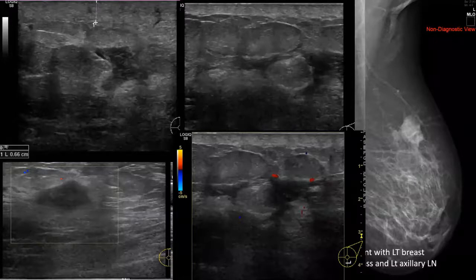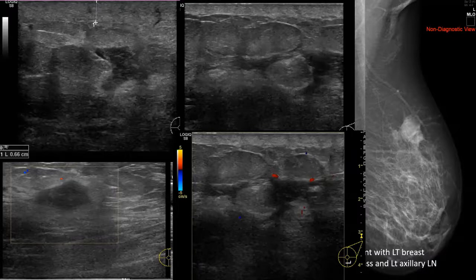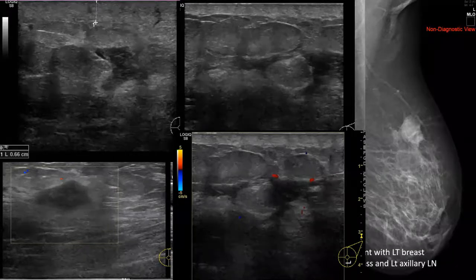It could be that she received a short course of antibiotic. Okay, the patient might have received antibiotic or it resolved by itself, but you still did not mention what it could be in the differential diagnosis. Could be what? Diabetic mastopathy.